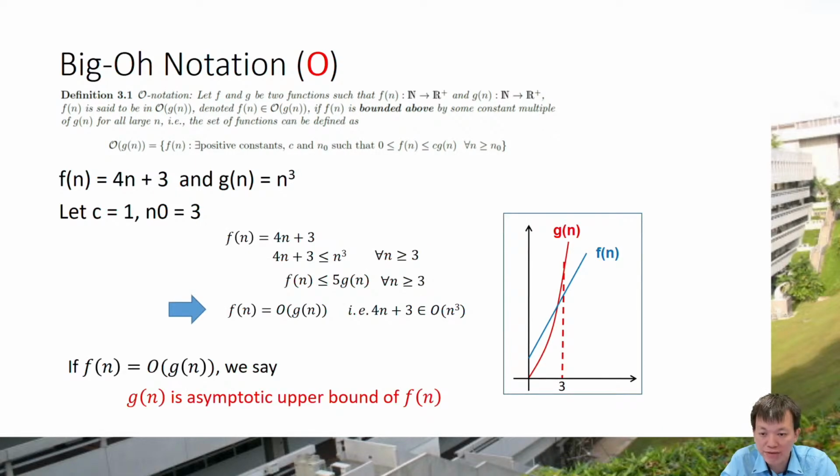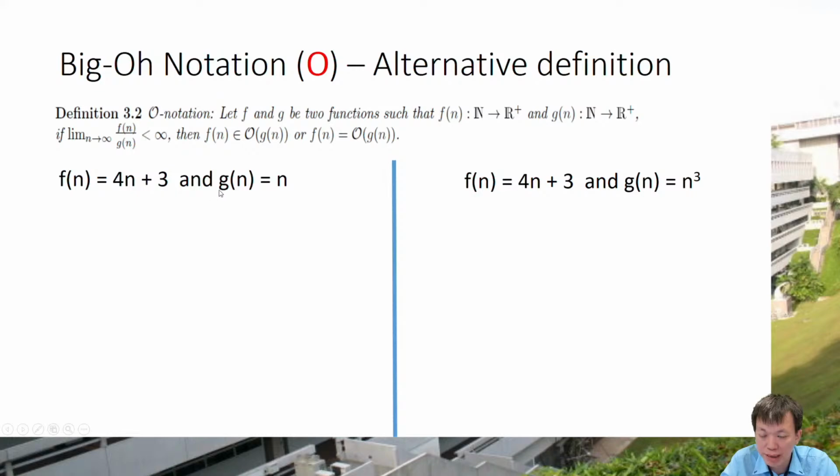This I covered on Monday. One typo I made is here. Another approach is using the limit. Same thing, you have two functions, f and g, and you can try to take the limit.